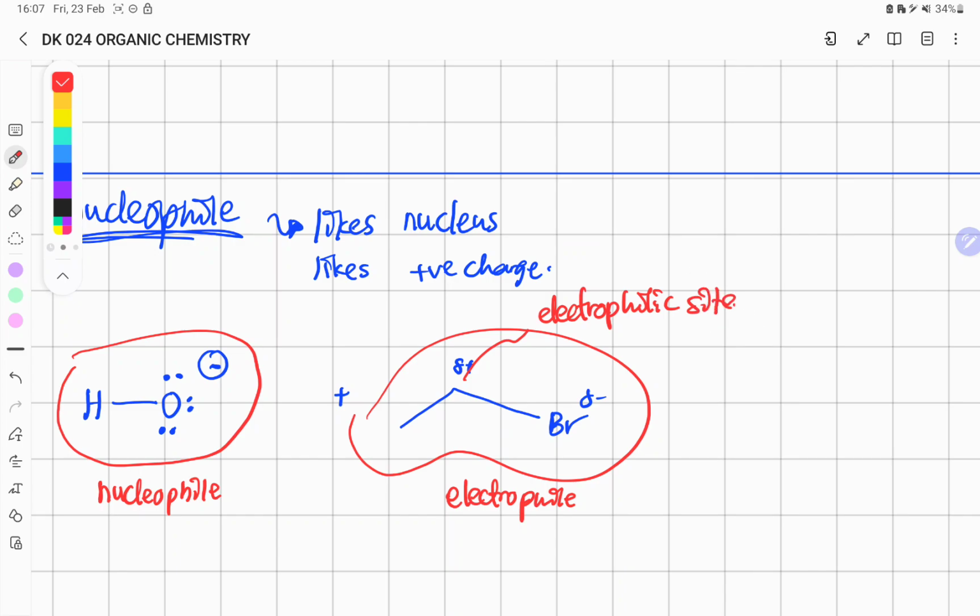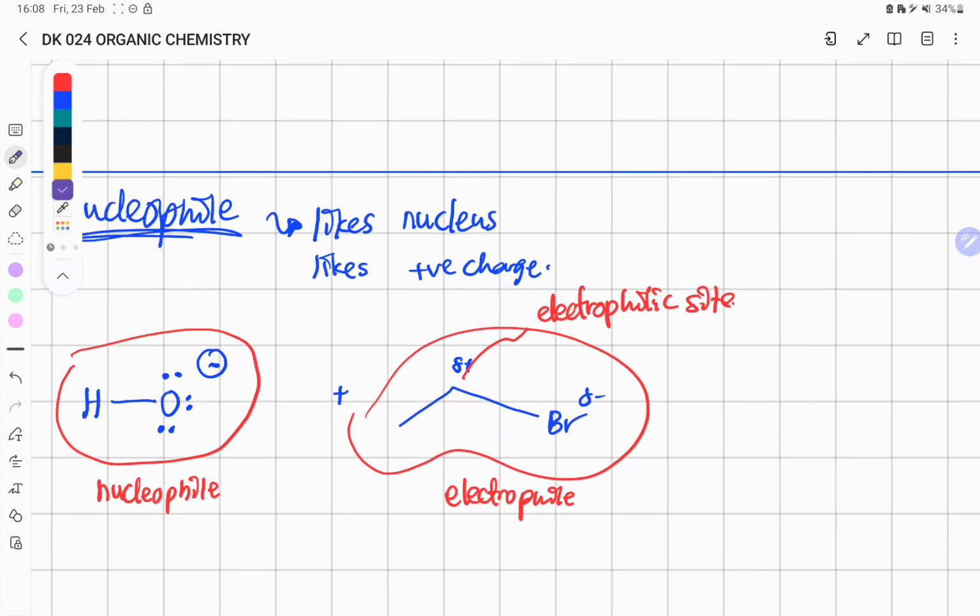So what happened here is that this electron, kalau dia bertindak balas, this electron right here, dia akan attack, okay, dia akan attack carbon yang ini, yang ada positive charge. Sebab ini adalah dia punya electrophilic site. Dia suka elektron. Oksigen ni ada elektron nak bagi. Dia nak positive charge. Oksigen ni suka positive charge dia. Carbon ni pula suka negative charge dia.